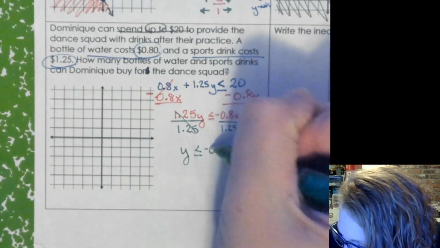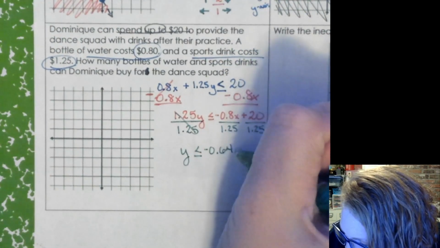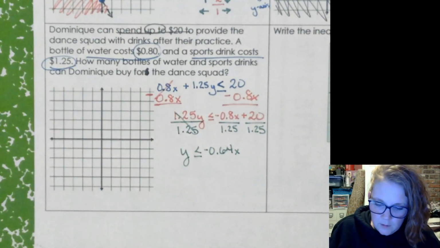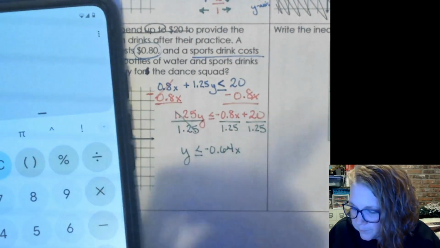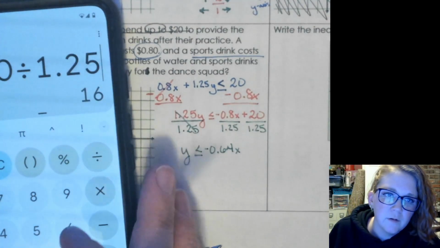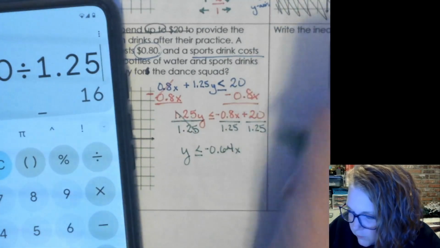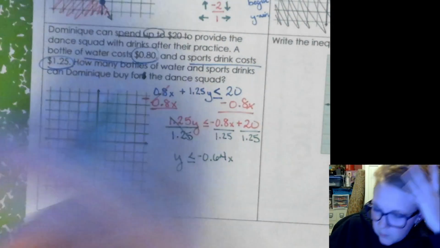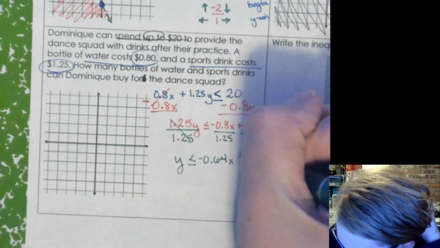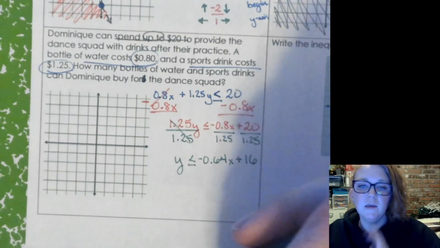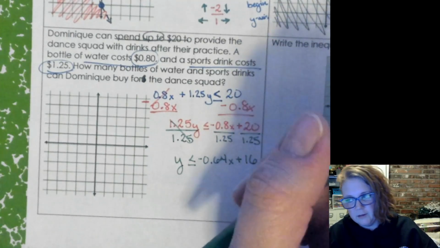So negative 0.64x. Okay. And then we need 20 divided by 1.25. Okay, it's actually 16. Really? Yeah, whole number. Oh yeah, fives. We got plus 16. All right, there you go.